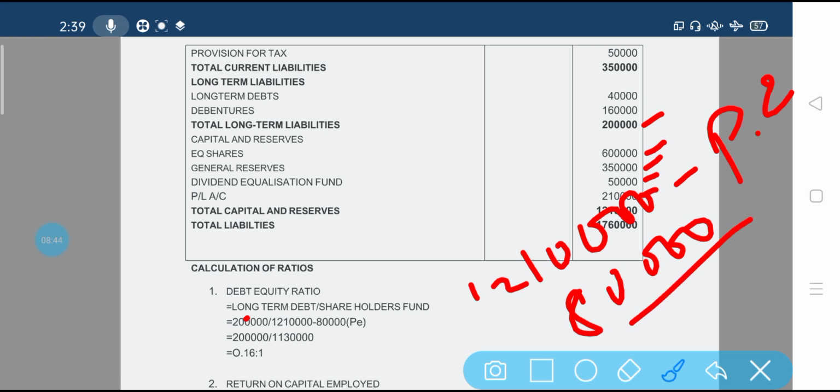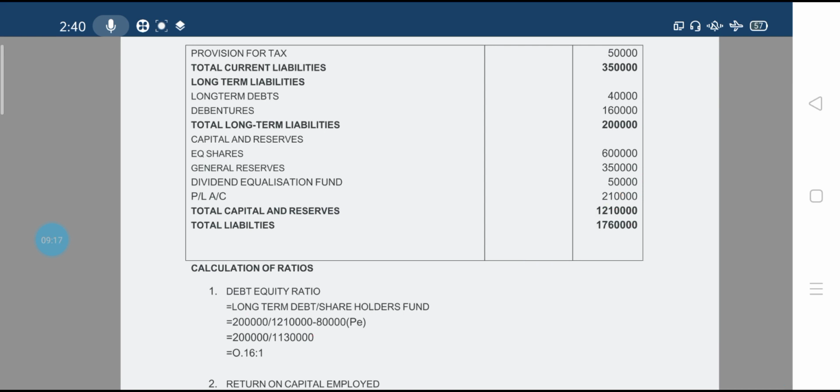If we deduct, we will get 11 lakh 30,000, that is shareholders fund. So the ratio will be 0.16:1. How do we calculate this? 2 lakh divided by 11 lakh 30,000, dividing by a single number, that is 113. So 0.16:1 is the debt equity ratio.